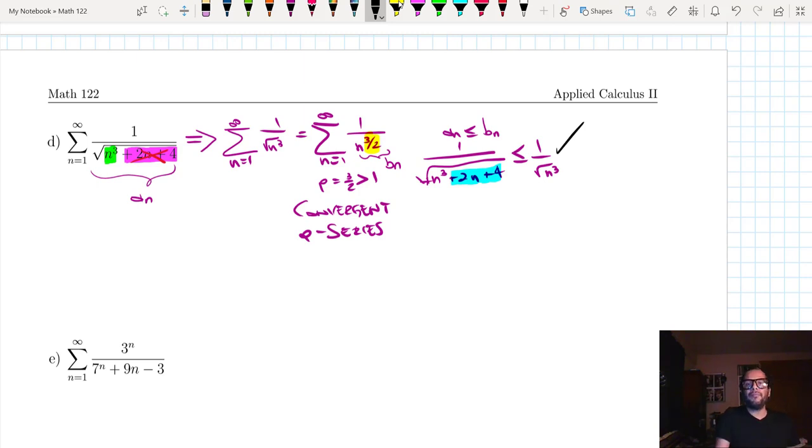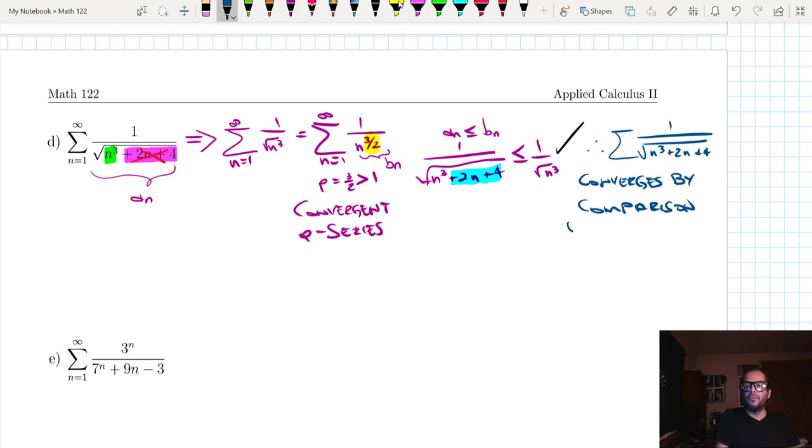So therefore, the sum of 1 over the square root of n cubed plus 2n plus 4 converges by comparison with the sum of 1 over the square root of n cubed, n equals 1 to infinity.